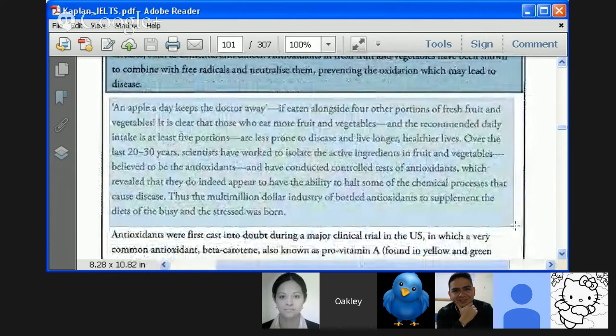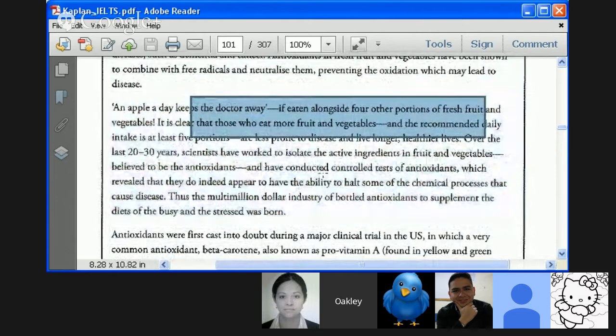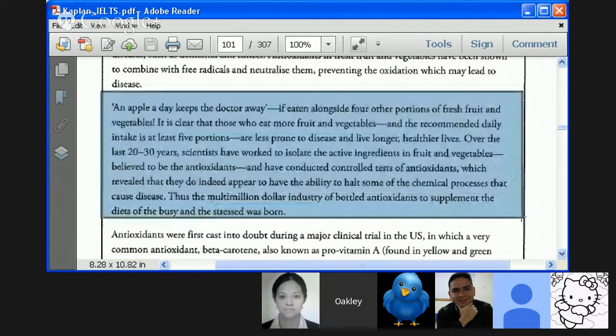This paragraph, however, talks about eating natural fruits and vegetables with antioxidants, which can halt some chemical processes for disease, and then it talks about bottled antioxidants as a supplement being born. Basically, in my opinion, this paragraph is just introducing the birth of antioxidants.